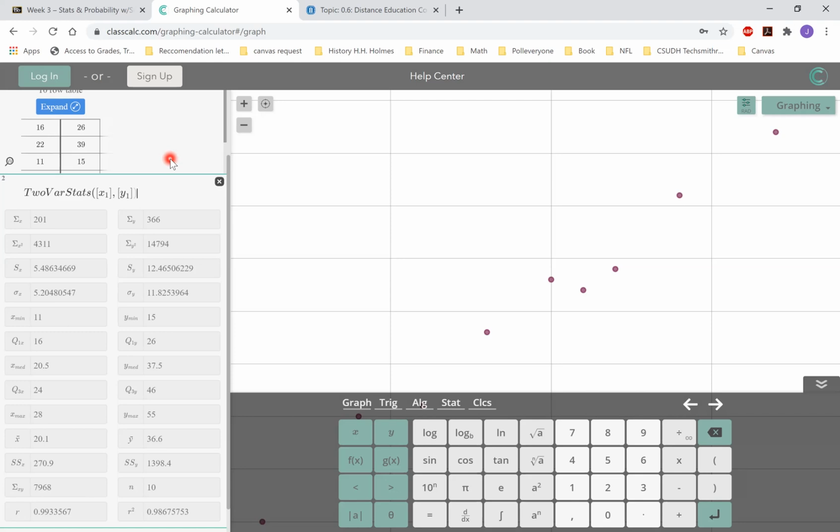Then we have the mean of Y, 36.6, and the mean of X, which is 20.1. All right, that's all we need this for. So let's go back to the notes.